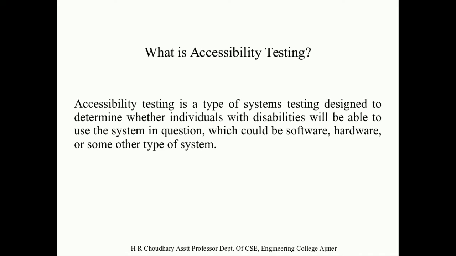What is accessibility testing? Accessibility testing is a type of system testing designed to determine whether individuals with disabilities will be able to use the system in question, which could be software, hardware, or some other type of system.